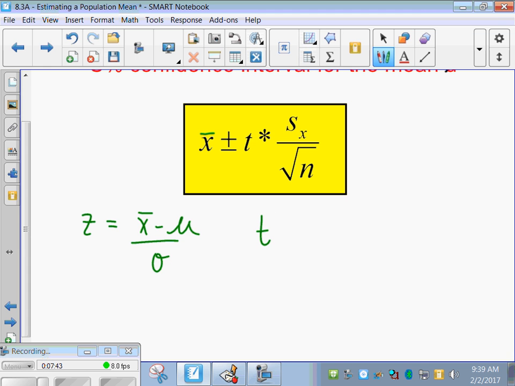So the t-score looks really similar, data point minus the mean, divided by this right here, our standard deviation of our sample. All right, but we're going to find all of our t-scores using table B in the back or your calculator.